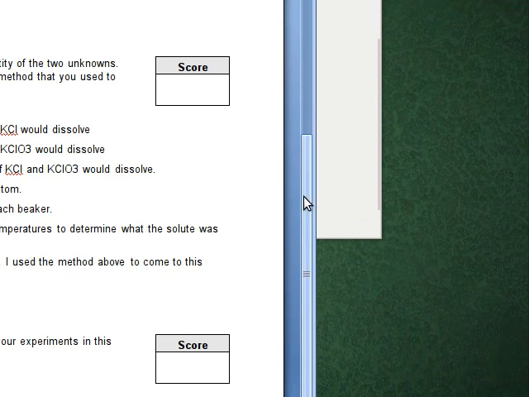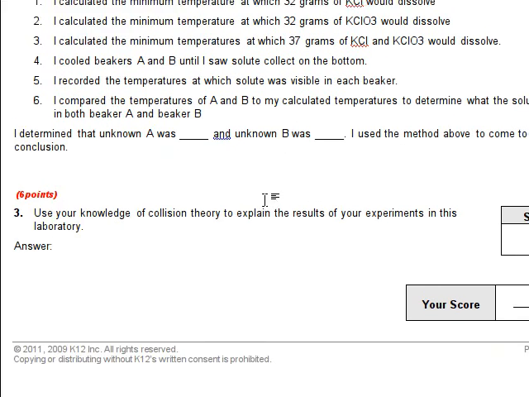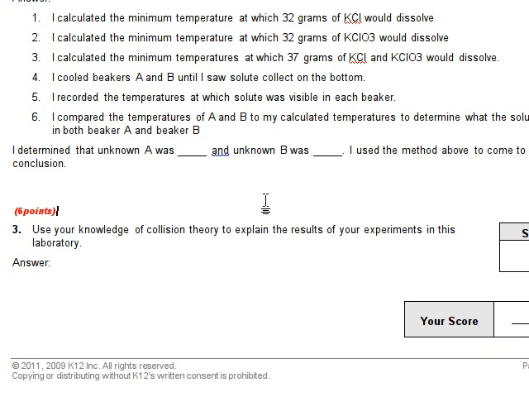Okay. Let's take a look at the very last question. Use your knowledge of collision theory to explain the results of your experiment in this laboratory. Problem with this question is that A, you really haven't learned much about collision theory at all. It's in one of your lessons very briefly.